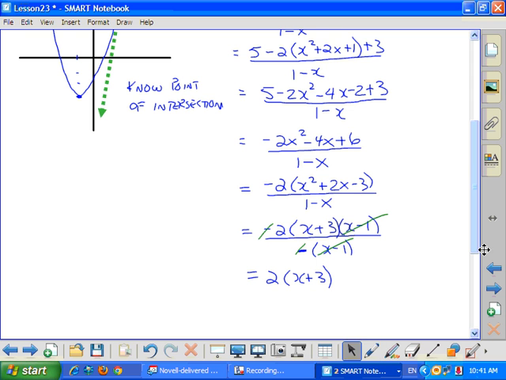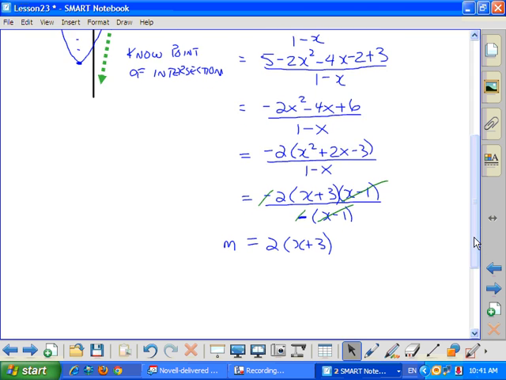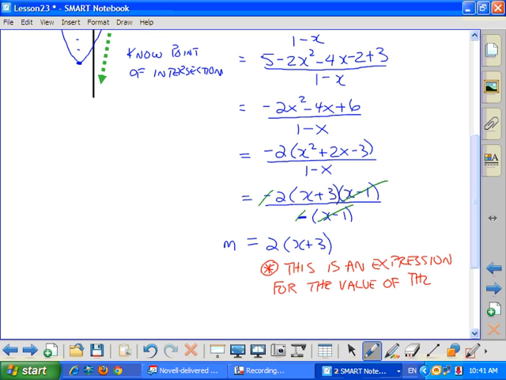Now, what do we have down here? The whole way down, this is slope. So what do I actually have? This is an expression for the value of the slope of a tangent at any point.